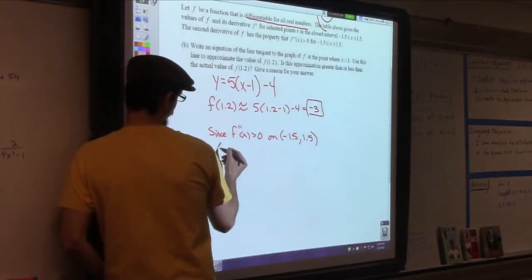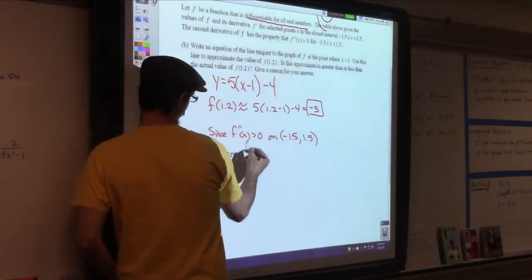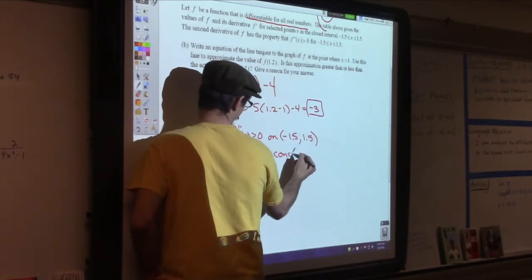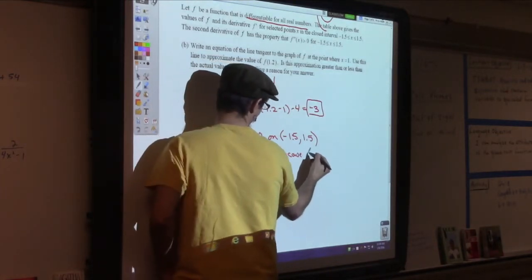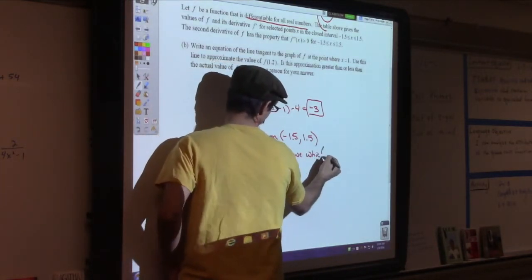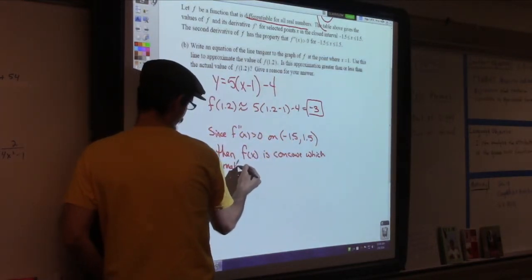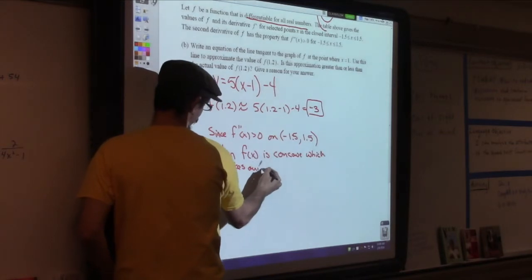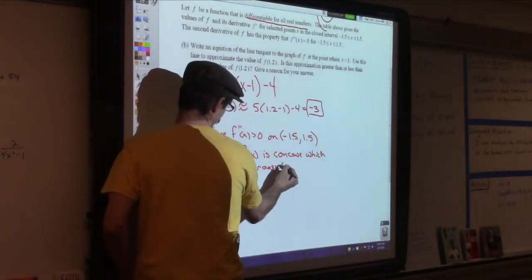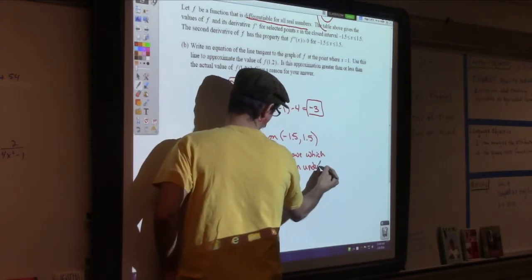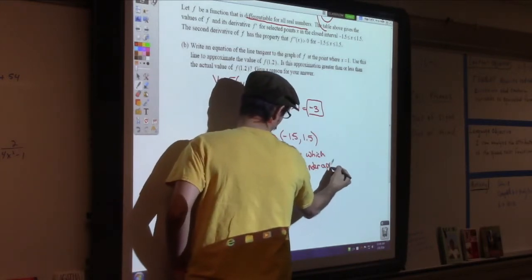Since this, I'll put then f of x is concave up. And then just make sure that you include, I'm going to say, which makes our answer an under approximation.